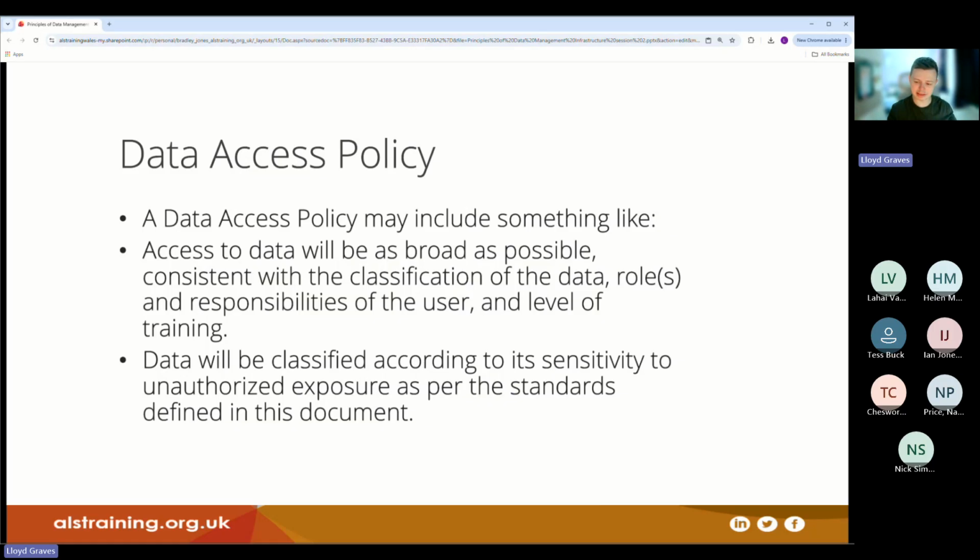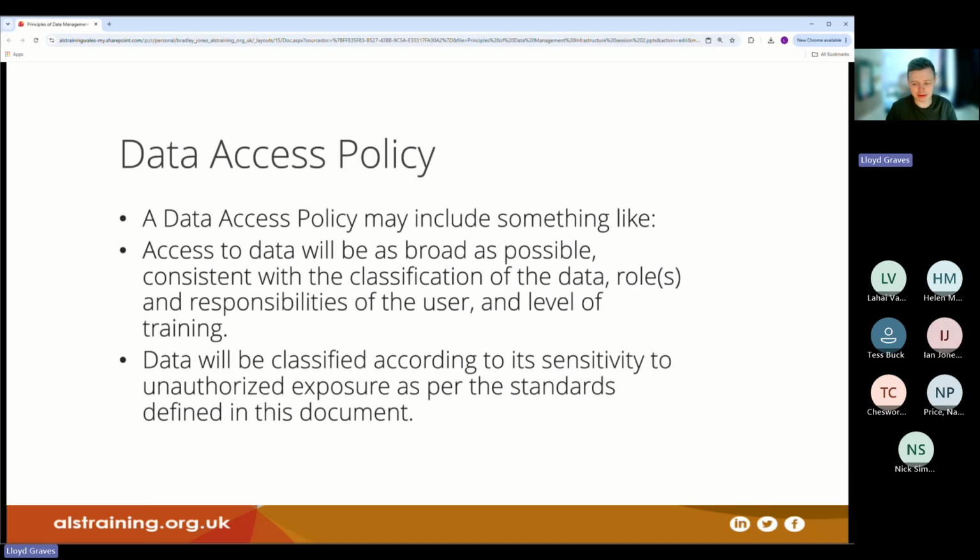And then depending on how sensitive that data is, the policy will define who has access to that data, who's responsible for it, and those different sorts of things. And it's like I mentioned in the last session that we had, because most of you on this call aren't my learners, I can't access your information in the system.